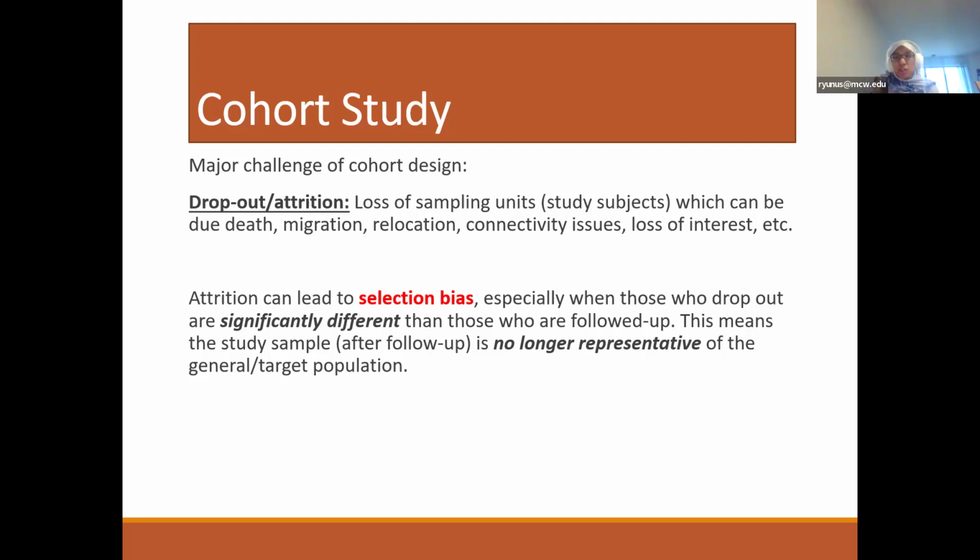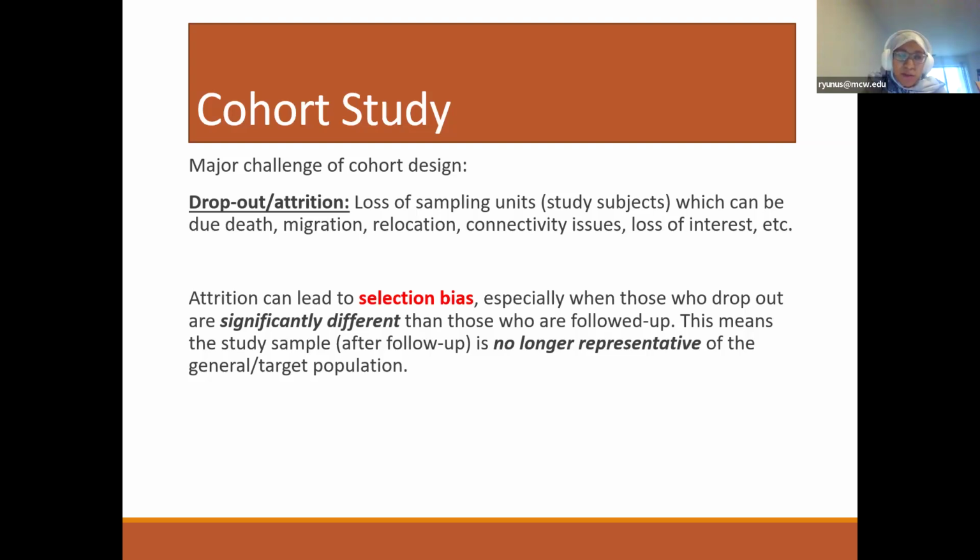They change their email, they change their phone number, so you no longer have access to them. And this happens a lot. Some of them simply lose interest or tell you that they want to withdraw from the study. I don't want to be part of this study anymore after 1 or 2 years. So this is very common, and you have to expect dropout or attrition while planning your cohort study.